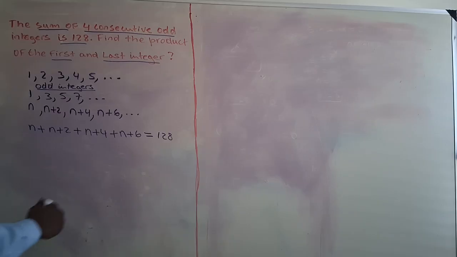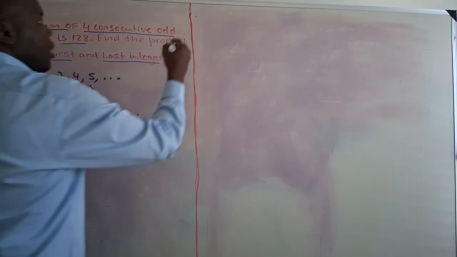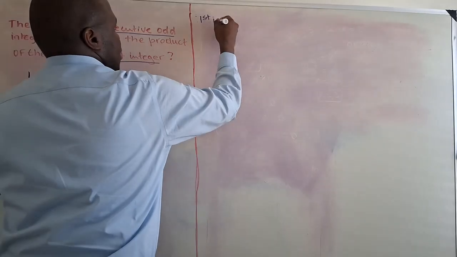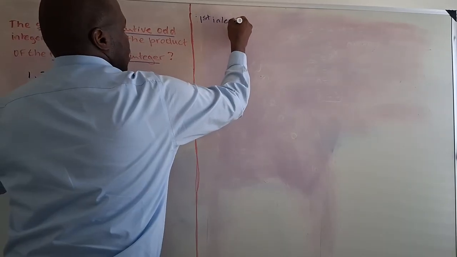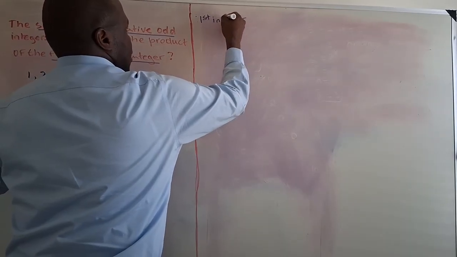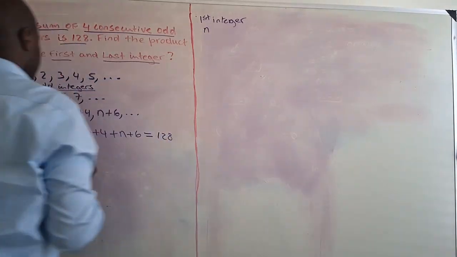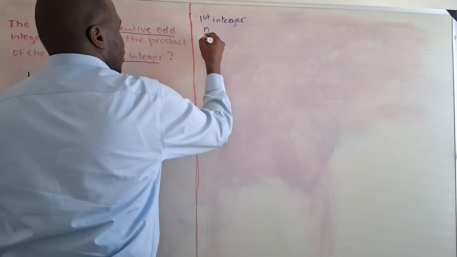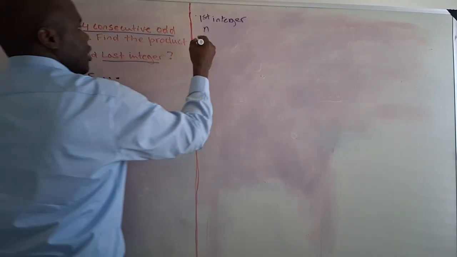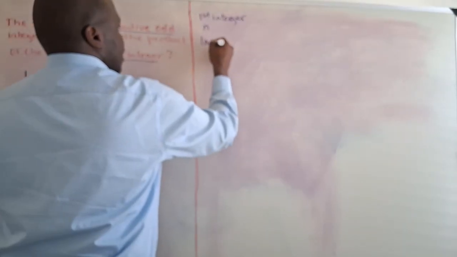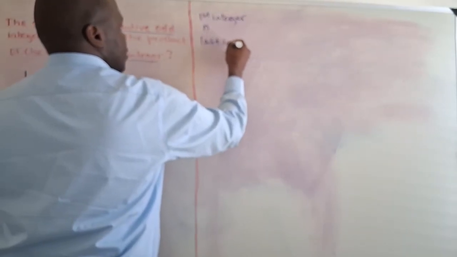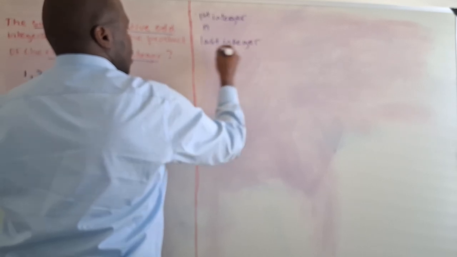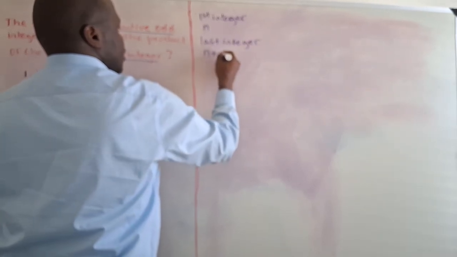Now they want us to find the product of the first and the last integer. Basically, we know that the first integer is n, and the last integer is n plus 6.